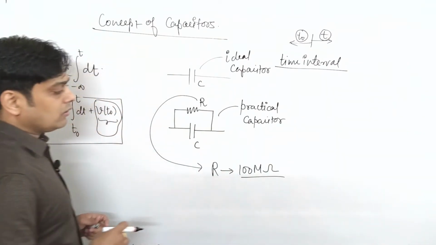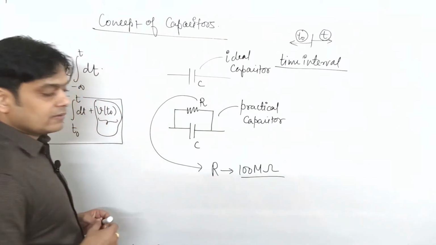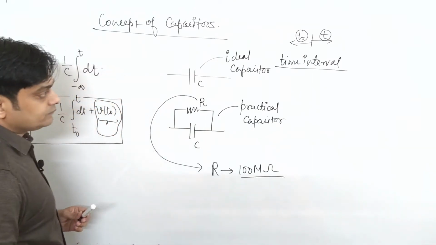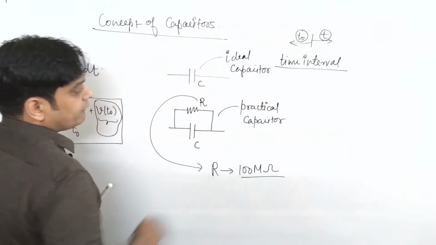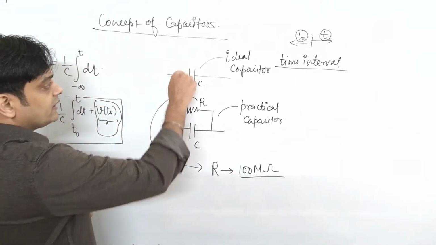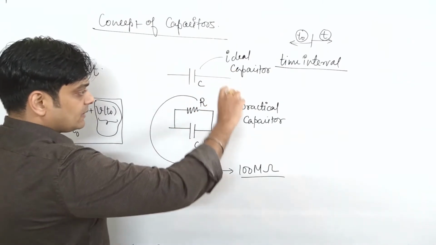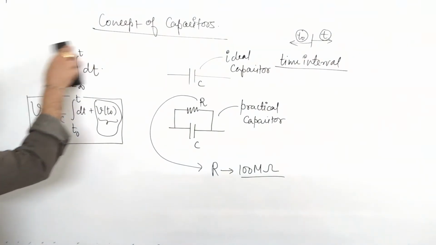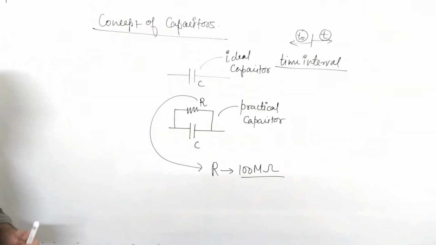So for all applications, generally we will not consider this value R, because of this high value of R, we generally remove it. So this is your ideal capacitor and this is your practical capacitor. Now in networks we always consider a capacitor to be ideal in nature.